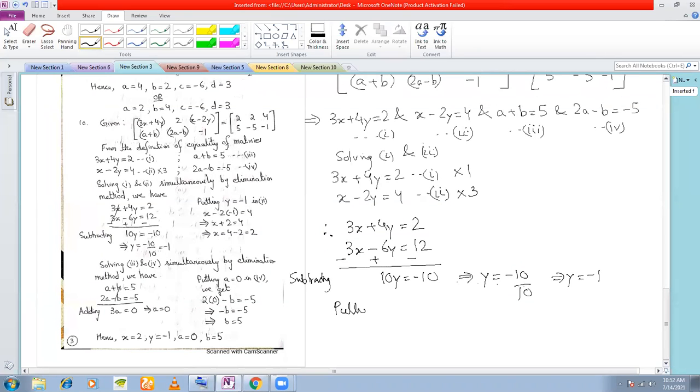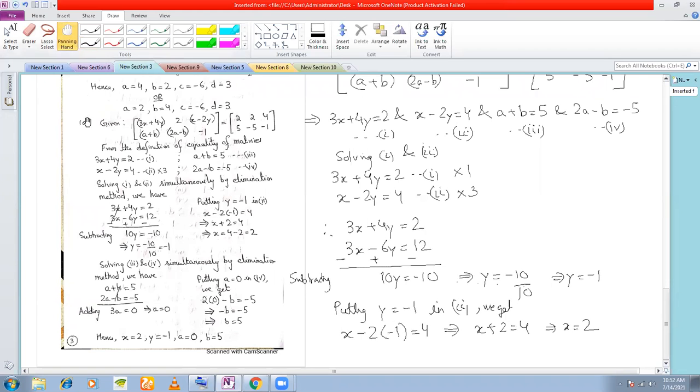Putting y is equal to minus 1, we get x minus twice minus 1 is equal to 4. That means x plus 2 is equal to 4, so x must be equal to 2. So you've got the values of x and y.